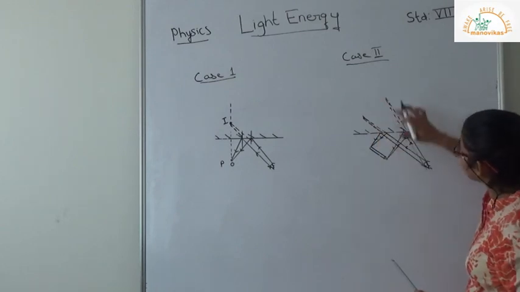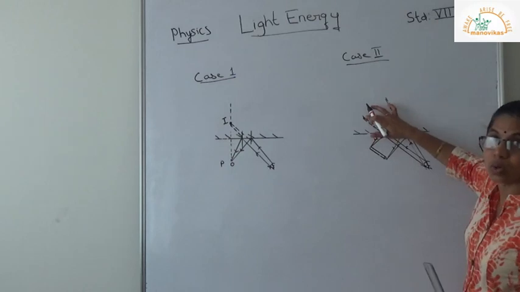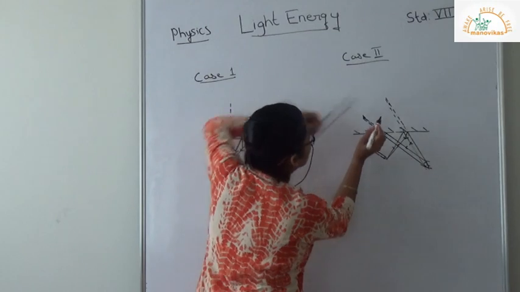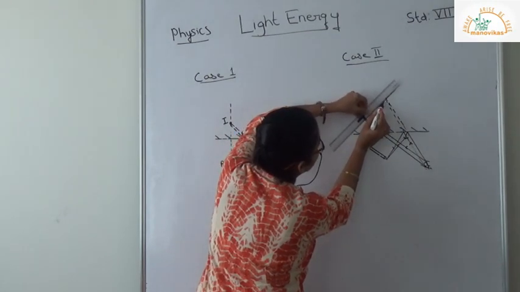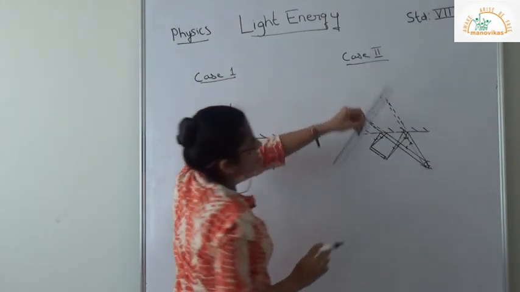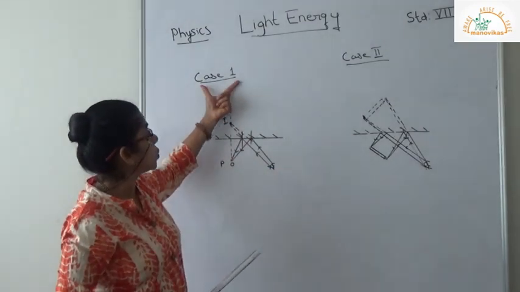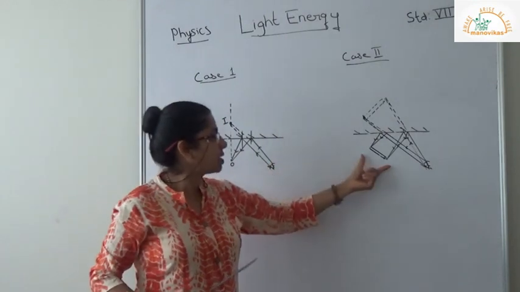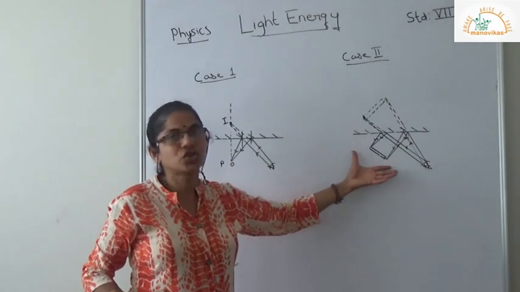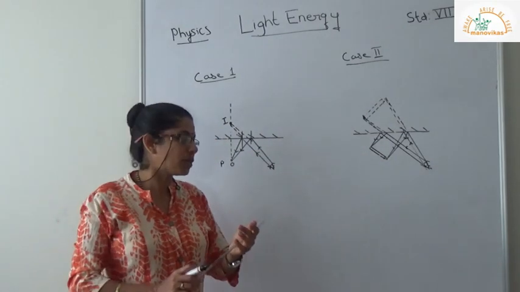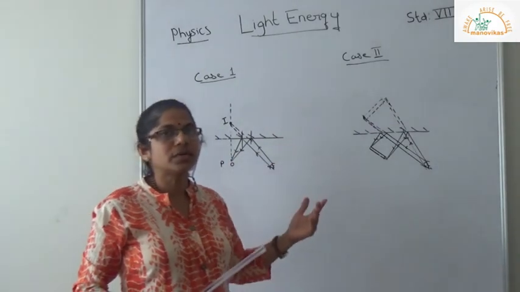So this tip will be somewhere here and this lower portion will be somewhere here. So the image will be formed over here. So far I have shown you two cases: where the object is a point object and where the object is a larger object.